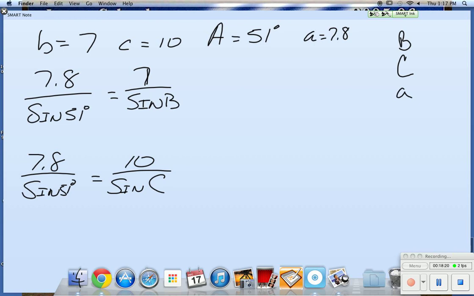All right. So once you get that, did you come up with it? If you really wanted to figure this all out, B is going to equal the inverse sine of, let's see, 7 times sine of 51 divided by 7.8.